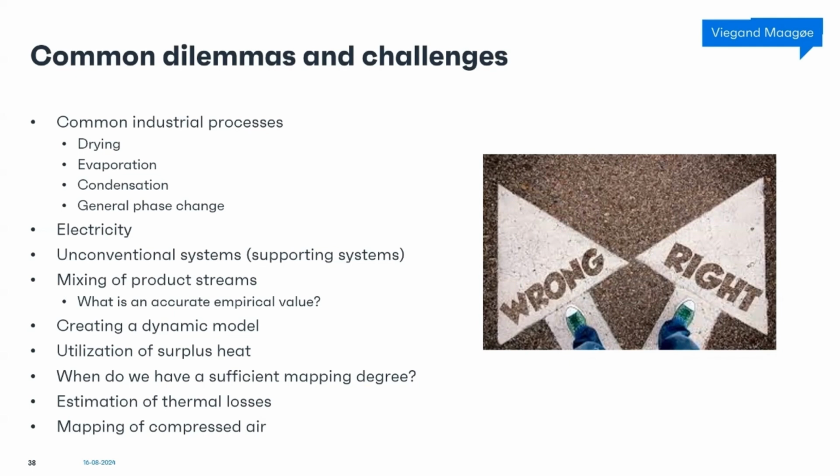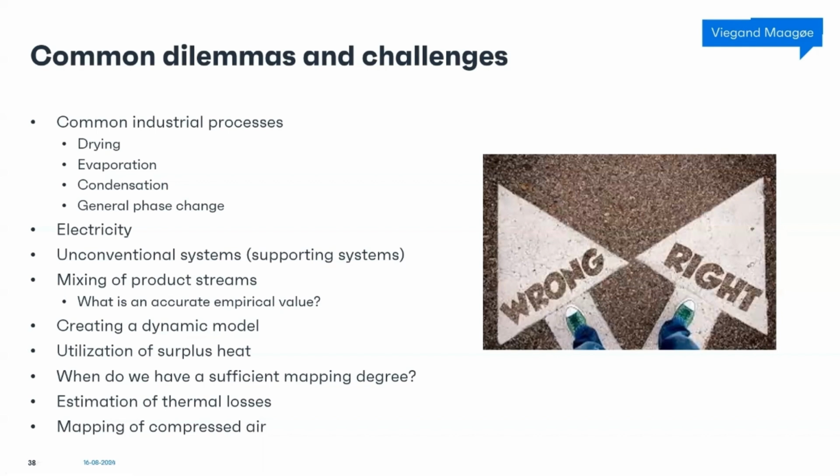If the heat source for the utilization of the surplus heat is emerging from the process, then you should treat it in the process. But if it originates from the utility systems, as we showed for the air compressors, then you should deal with it in the utility part. This is just a rule of thumb that we're using when we are working with this heat recovery system. And of course, they can go across the line.